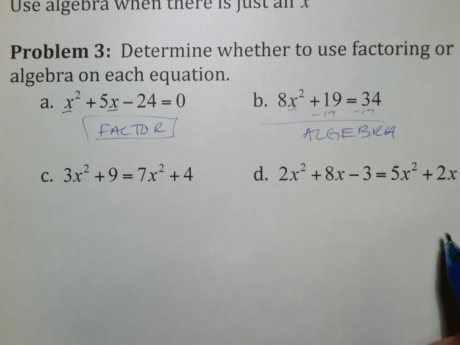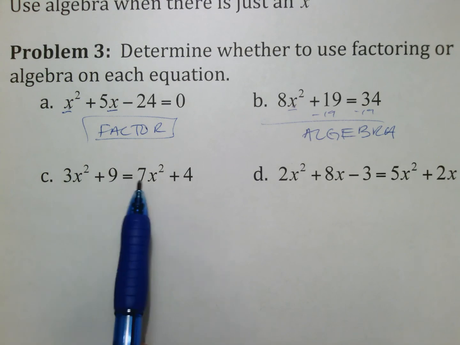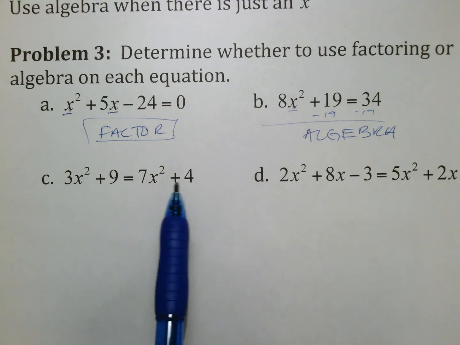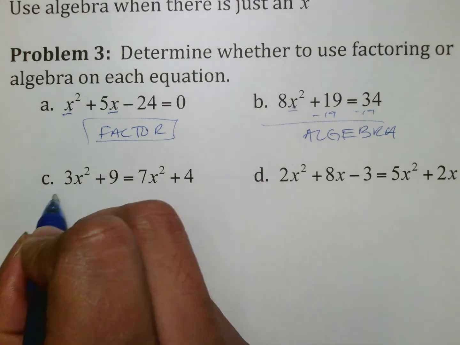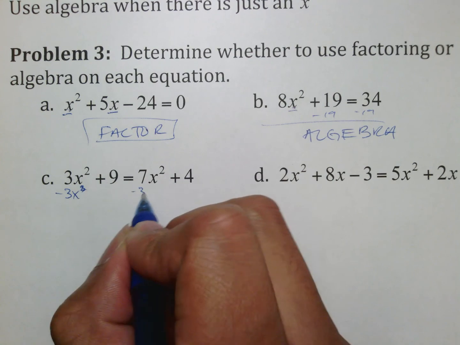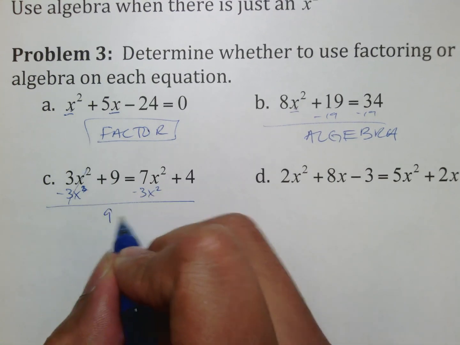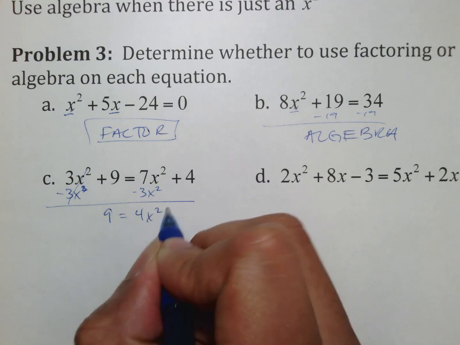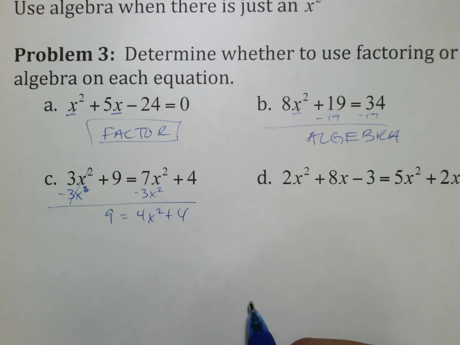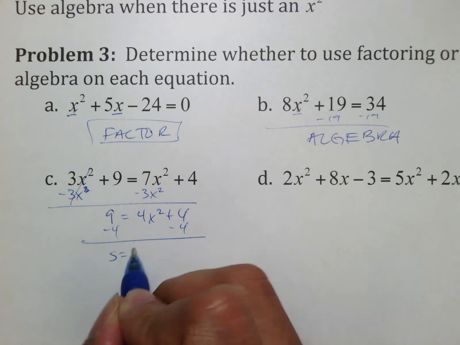If you look at C, I'm actually going to show you how this works also. Here I see an x squared, which means that it's higher level math, but I do not see any x's, and so what that means is that I can use algebra. Watch and remember what we did before. I can move this over here just like I'd move an x before. Those would cancel, and I'd have 4x squared plus 4, and just like I did before, the weaker number goes first.